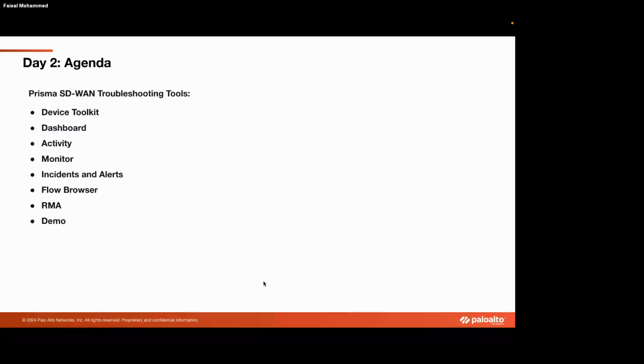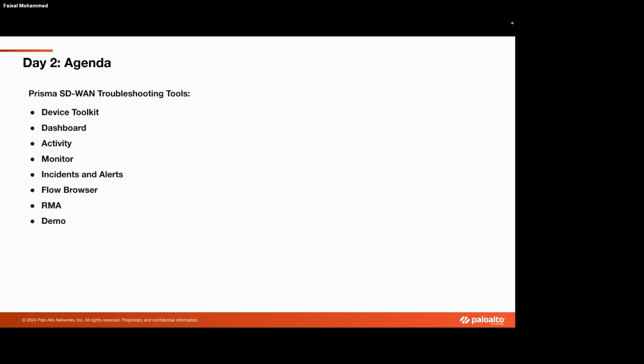All yours. Okay. So just to do a recap of yesterday's session. Yesterday's session was an introduction into Prisma SD-WAN. We discussed the cloud controller, which is the source of truth for all configuration. We have ION devices on the branch side, which synchronize with the cloud controller for all the config. The cloud controller is the source of truth.